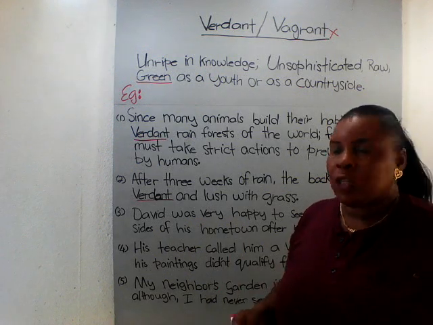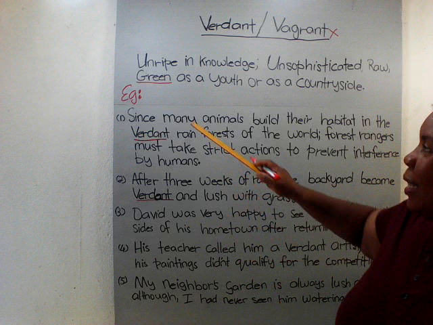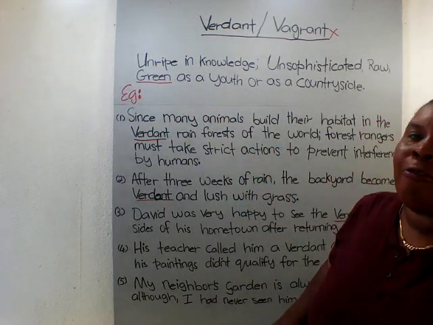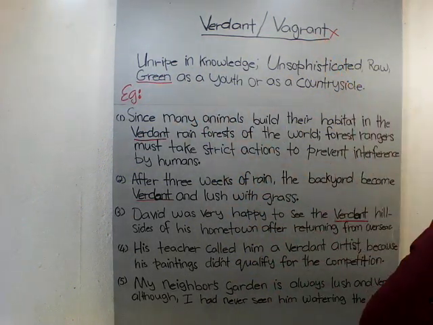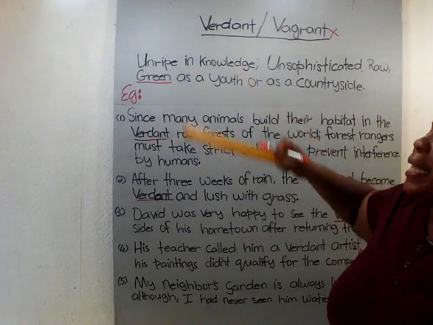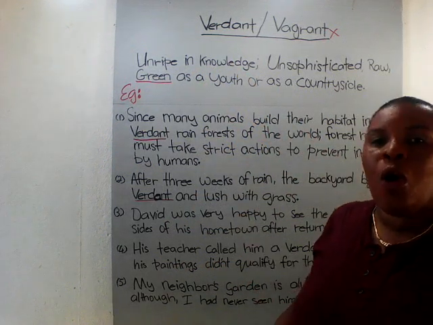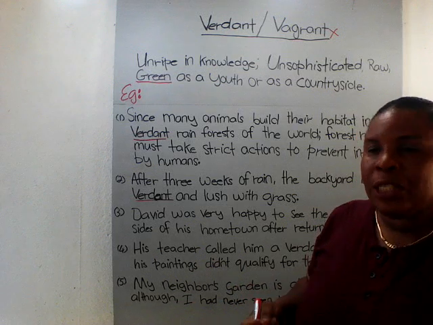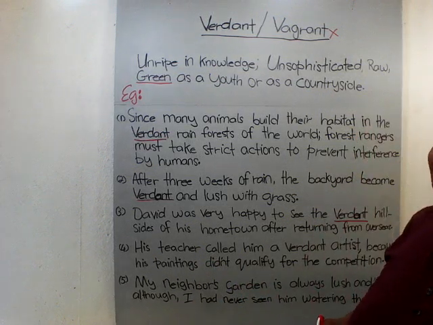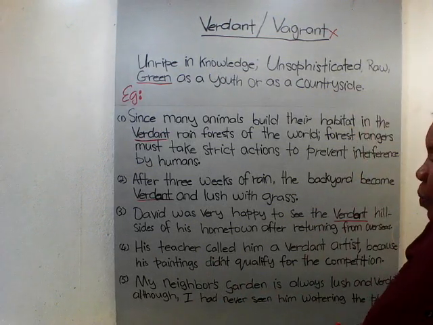Green and lush, right? Because that is the meaning of the word verdant. Vagrant is to beg. Verdant is something green, whether you're green in color or in knowledge or the tree is green. It's talking about anything that is green.